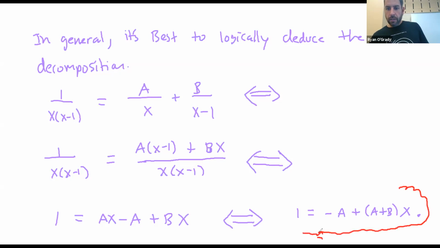You can reason either from the bottom to the top or from the top to the bottom. These two expressions are the same, provided what's in the red cloud is true. Now, there are only going to be one number A and one number B that make it true.